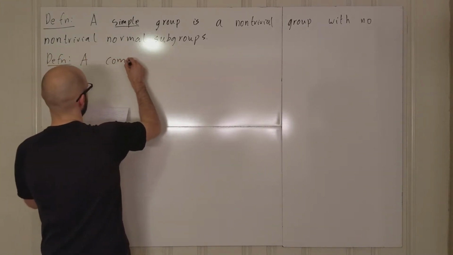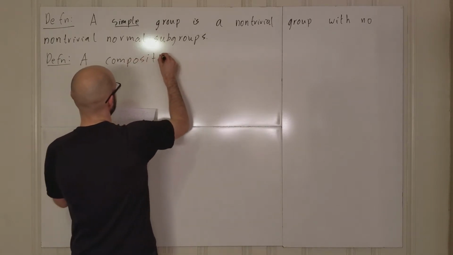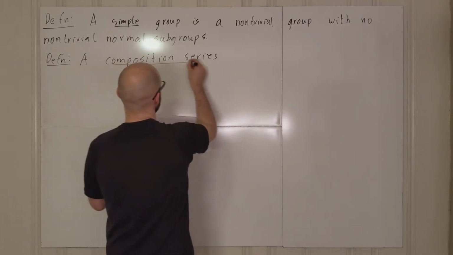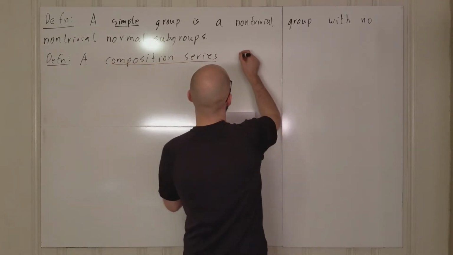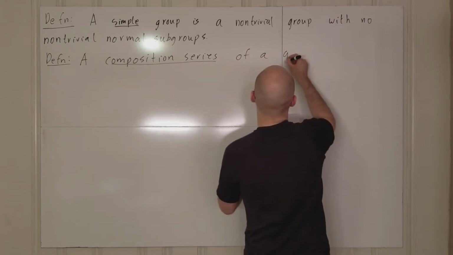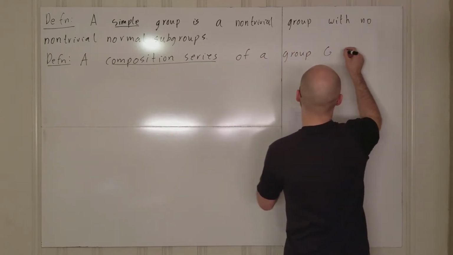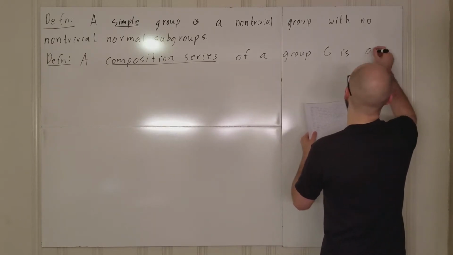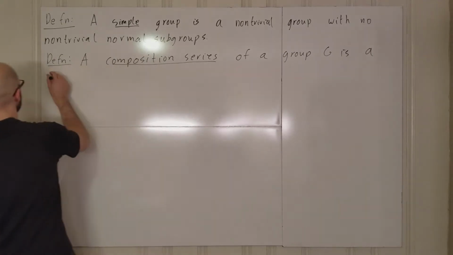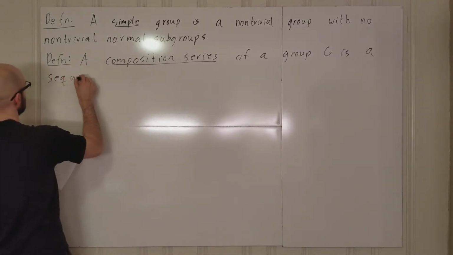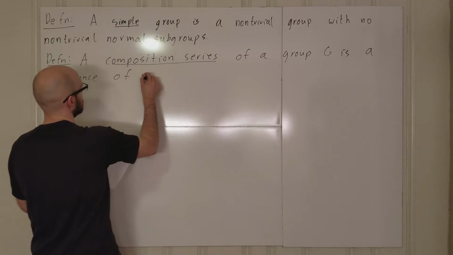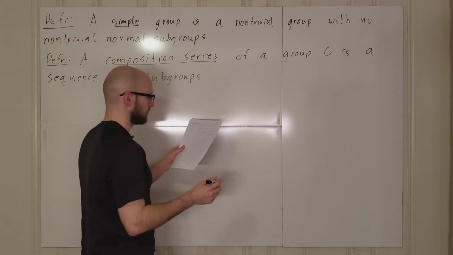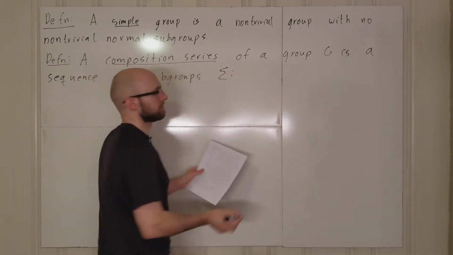So a composition series of a group G is, what is this? This is a sequence of subgroups. And we'll denote it by sigma for series.